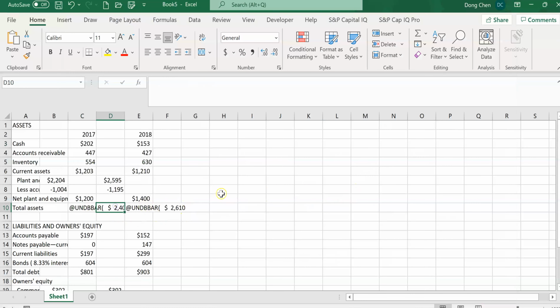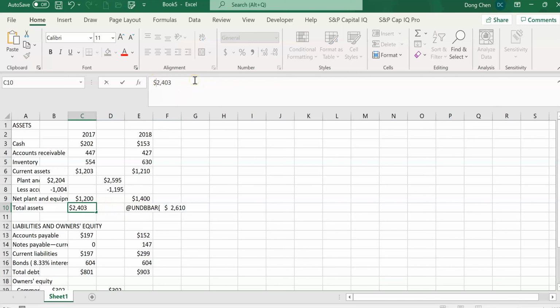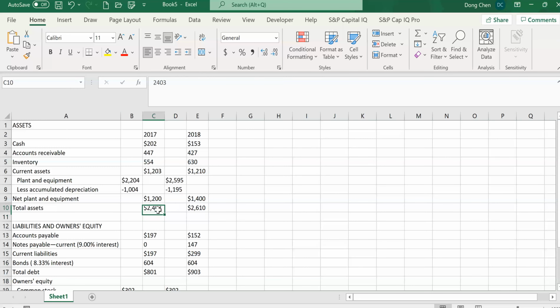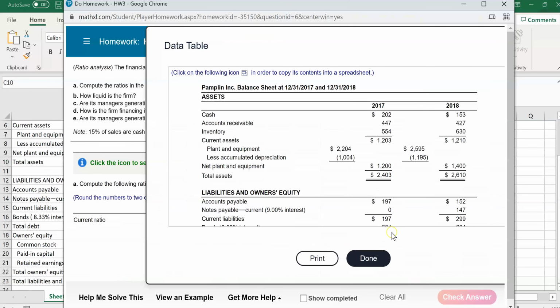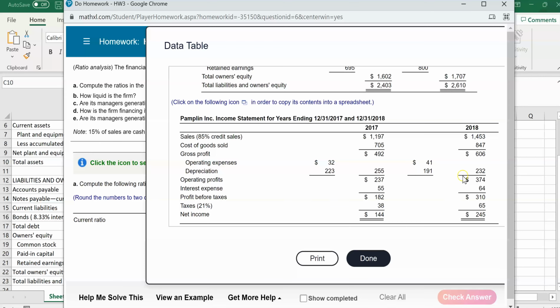So the only number which seems to have some issue is the total assets. So let me get rid of these symbols and, okay, so it's good. All right, so basically I have manually edited this table. So now I think this matches the original content, and you can see that.